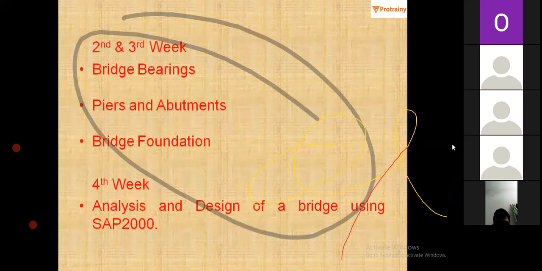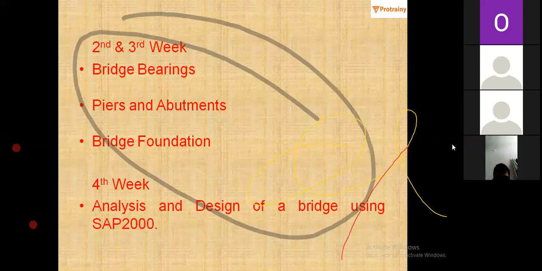In the second and third weeks, we move below the decks: bridge bearings, their types and design, piers and abutments, and lastly bridge foundations.